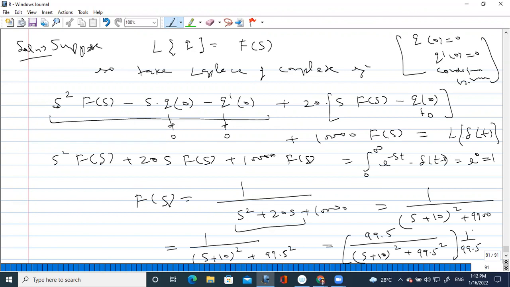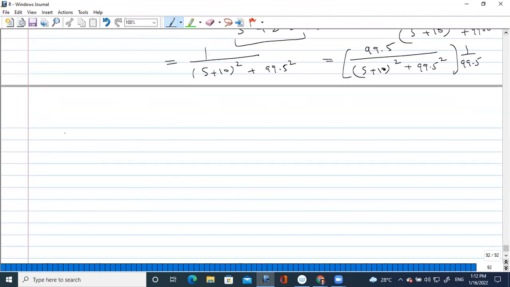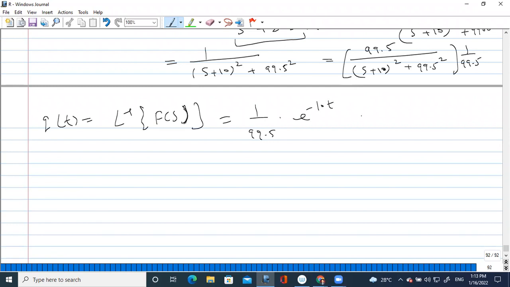Yes, sir. Okay. So now because I asked you what is qt, qt will be Laplace inverse of fs. So Laplace inverse of this will be 1 by 99.5, this s plus 10 will be countered by e to the power minus 10t into, now this formula is a divided by s square plus a square, meaning sine 99.5t.